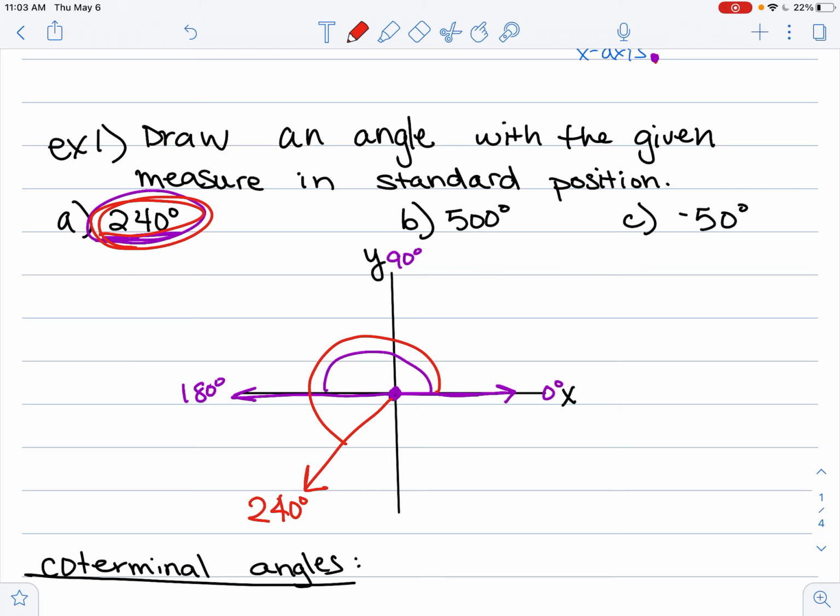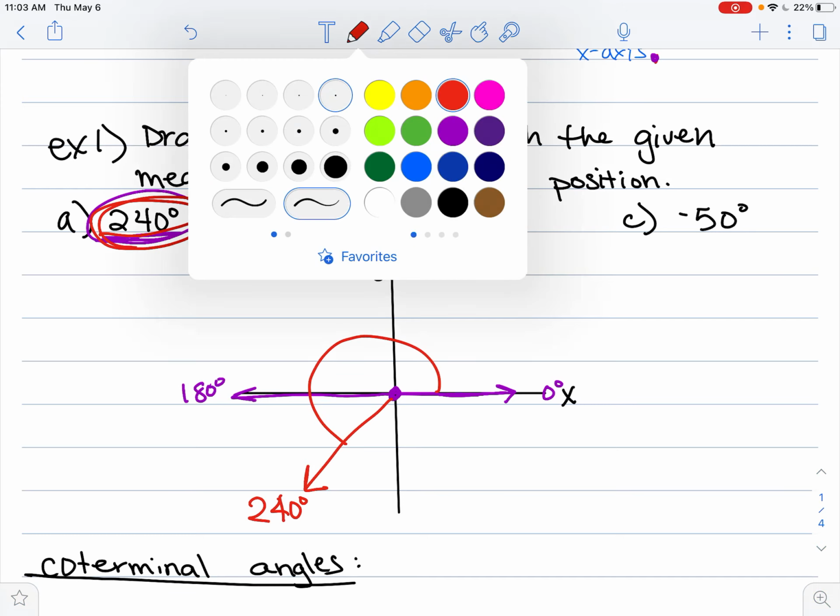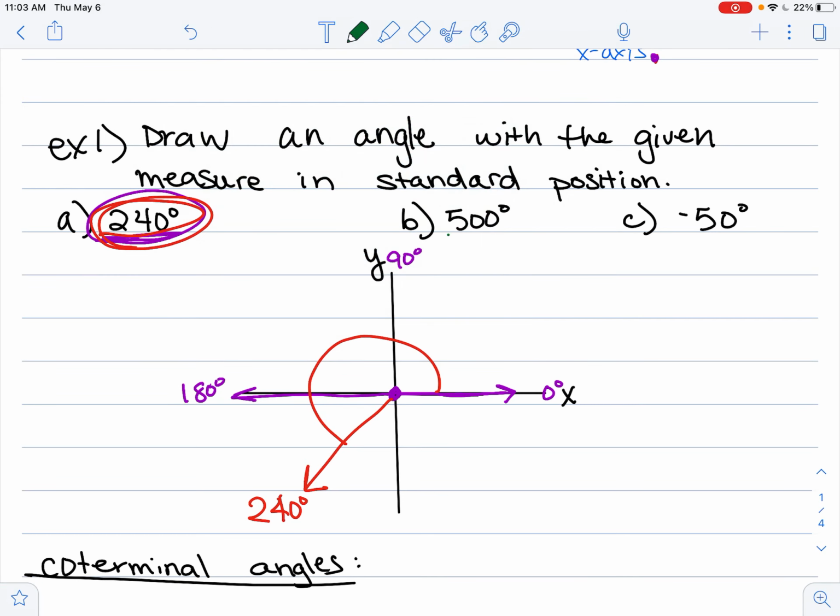Let's do 500, let's go ahead and do that one in green. So 500 degrees. Now remember, a full circle is 360 degrees. So we know we're going to have to go more than a full circle. We're going to have to go 140 degrees more.